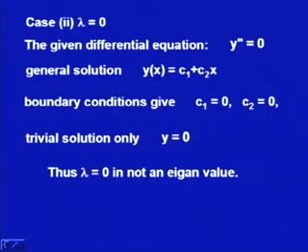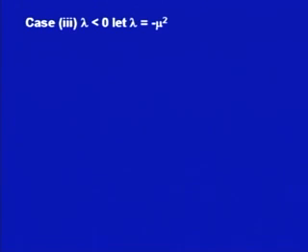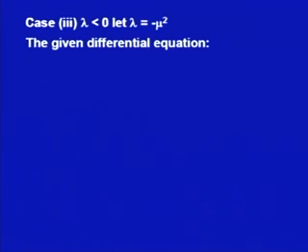Now, let us come to the third case, where lambda is negative. Let us assume lambda is equal to minus mu square, where mu square of course would be positive, because we are taking mu to be a positive real number. Now, what will our differential equation y double dash plus lambda y equal to 0 become? It will become y double dash minus mu square y equal to 0.